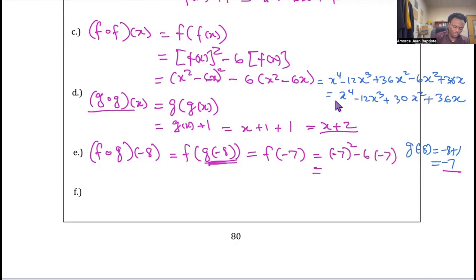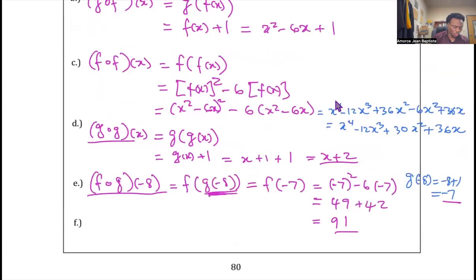So that is 49 plus 42, which is 91. So we have f composition g of negative 8 is 91.